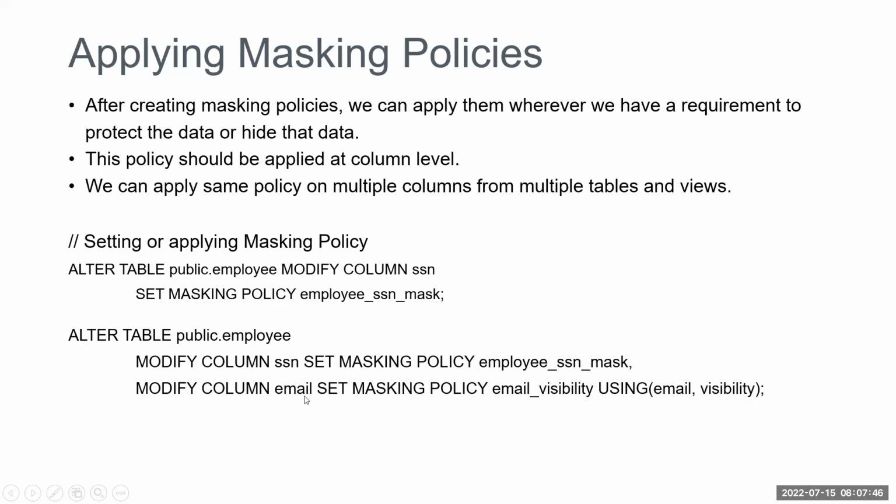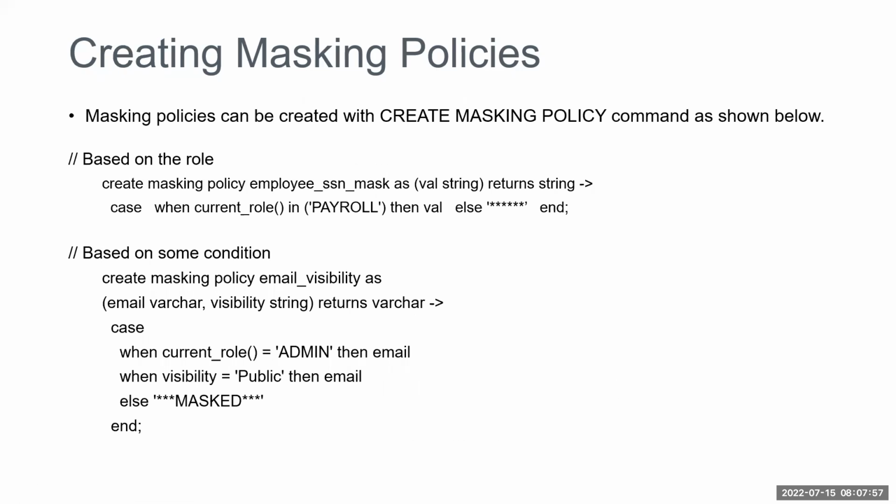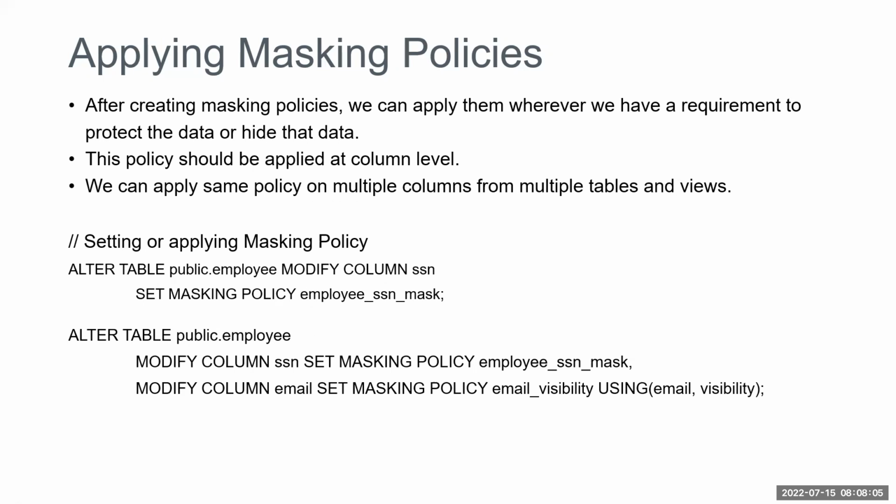So modify column email, set masking policy email visibility using, because here we are not only using one column along with the masking column, we are passing one more parameter called conditional columns, right? So we have to mention those by the statement using. Set masking policy email visibility using.